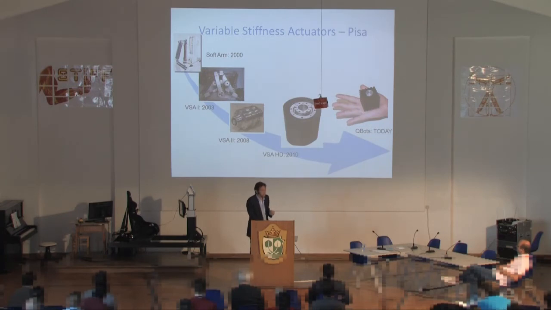I just want to conclude with a few notes about the actuators and the physical actuators we are building. We started this project in 2000. Then through the years, we have come to more and more sophisticated devices. And we have today an interesting device, which is the Qbot. It's a very small variable stiffness actuator. The idea here is that we would like to have something that people can use freely.